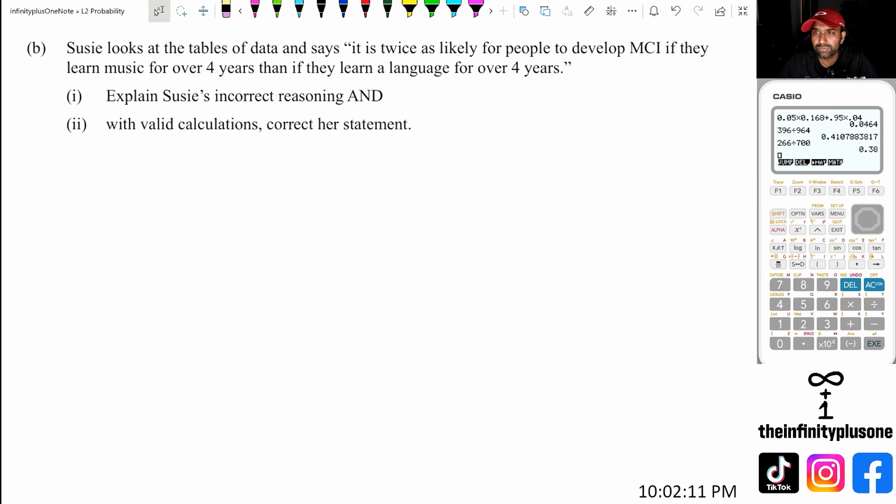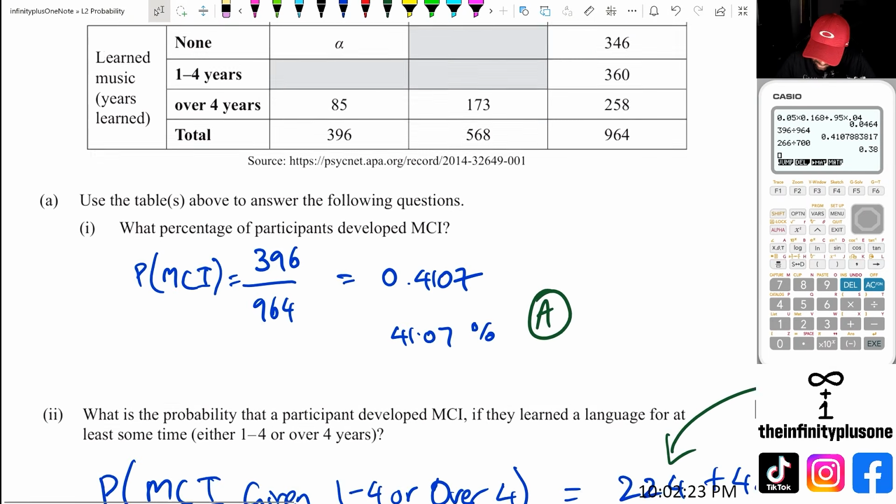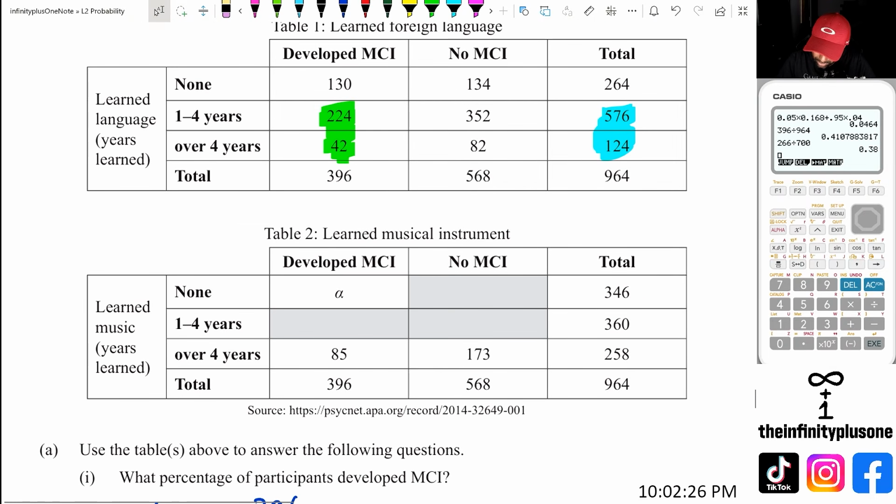Okay, so what we're going to have to do is look at the table first to see who develops MCI if they learn music for over 4 years, and then if they learn a language for over 4 years. Susie's just looking at the values here, which is the 42 and the 85. But if you actually think about it, we've got 42 out of 124 and 85 out of 258.